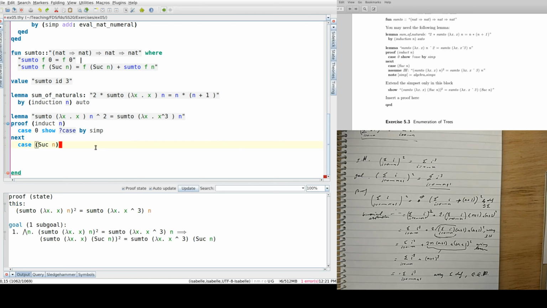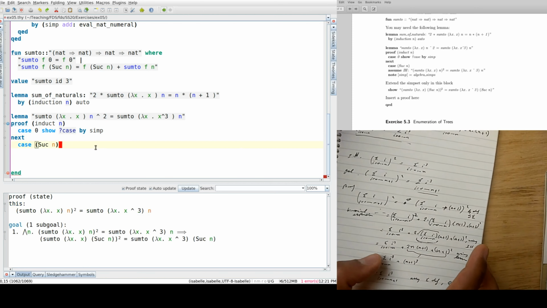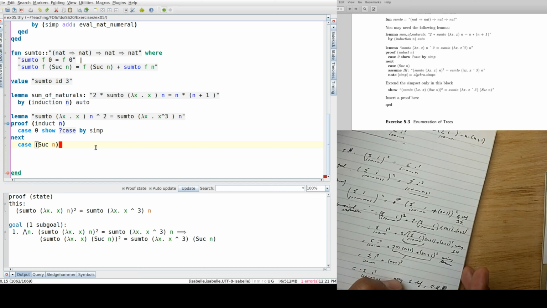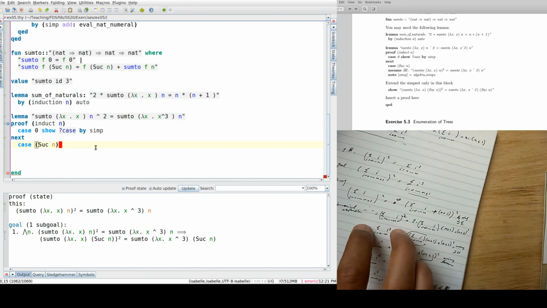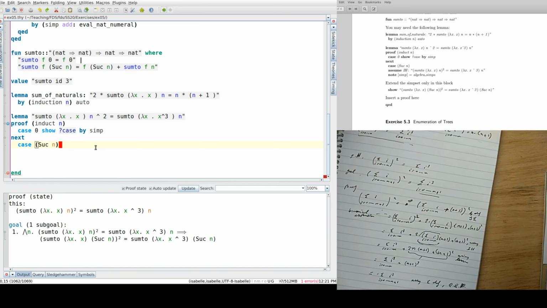So first of all, look here. We want to do this binomial expansion, okay? And to do that binomial expansion, we need something called algebra_simps, which is a set of simplification rules that are useful for algebraic manipulations like computing the binomial expansion.